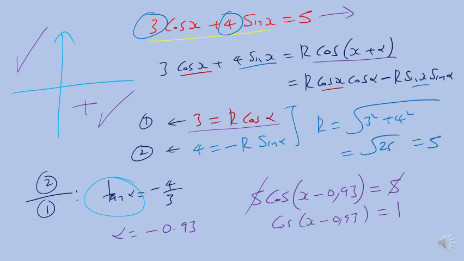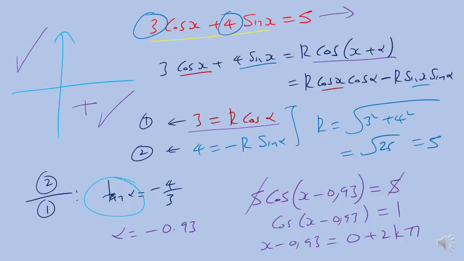And cos of what is 1? Well, x minus 0.93 is 0 plus 2k pi, and we should be able to solve for x straight away from there.